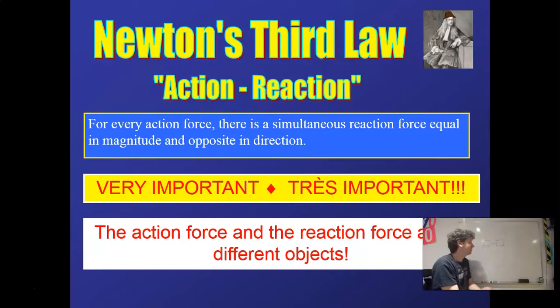All right, so let's actually look at this. The forces are on different objects, and we have to consider the objects separately when we want to figure out the motion of that object. So let's just look at the carriage. Let's just draw the carriage by itself. Now we know that there's a force from the horse. What other forces do we have? Well, we've got gravity.